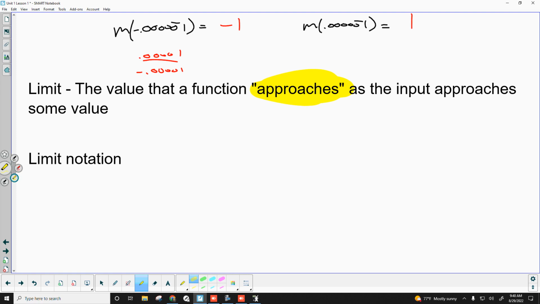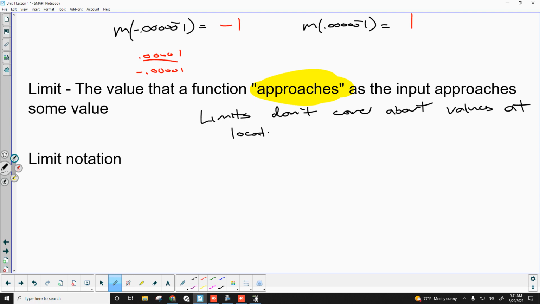Okay? Limits don't care about function values at location. It cares about function values very close to location.